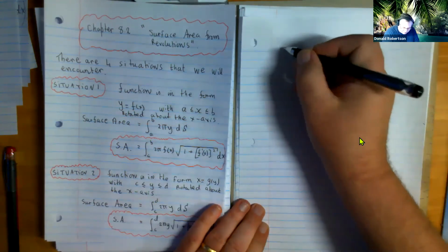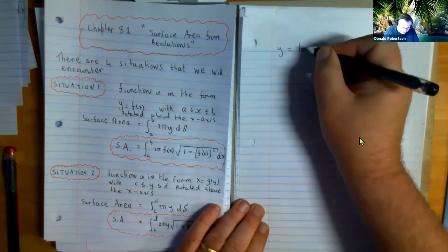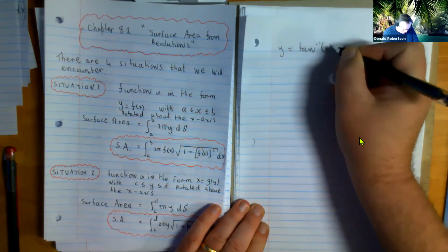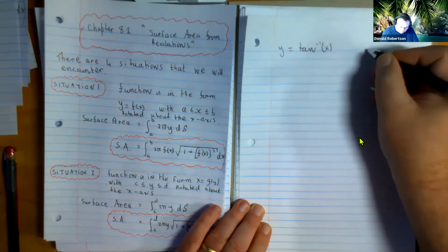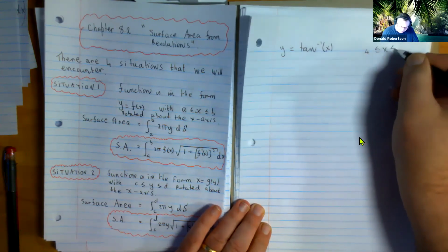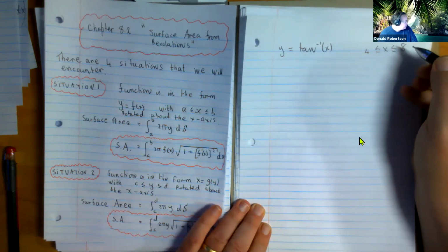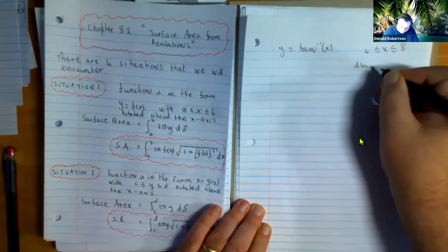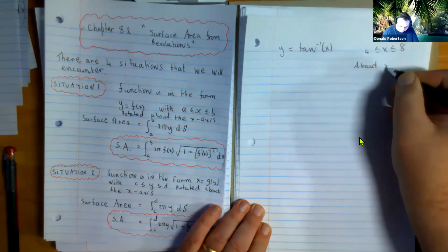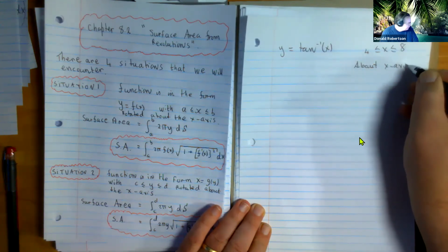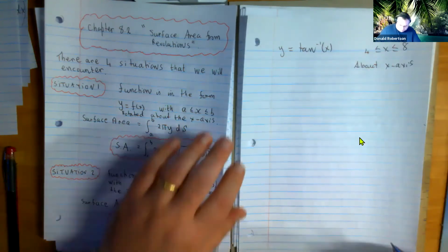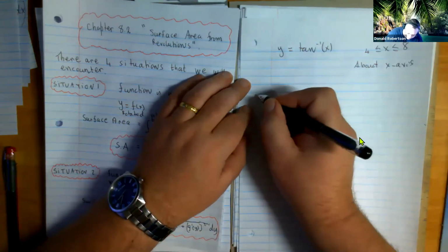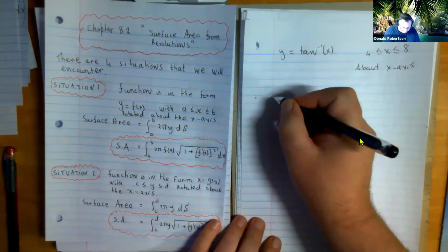In this one, it's going to be y equals the inverse tan of x. And x is going to be from 4 to 8. And the first one is going to be about the x-axis. Which means it's situation 1 again.